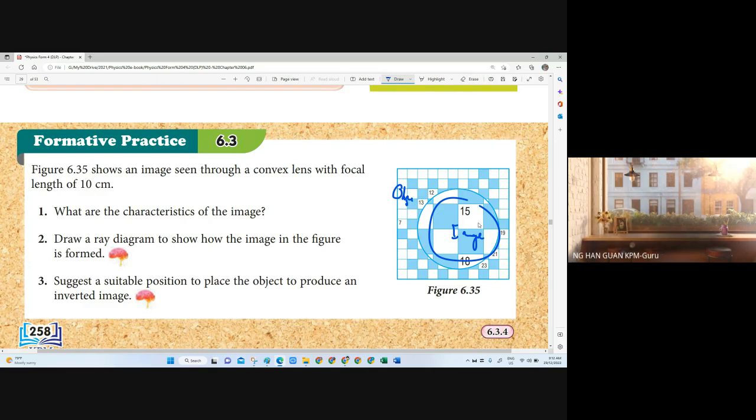But come to the exam, if you're having problems writing diminished or magnified, because I noticed that especially the Form 4 girls, quite a number of students, your English writing is not really good, the grammar, and when you give the answer there are a lot of spelling errors, right? Like today, there was one paper, the question asking about the design of the solar cooker, about the size of the parabolic dish.